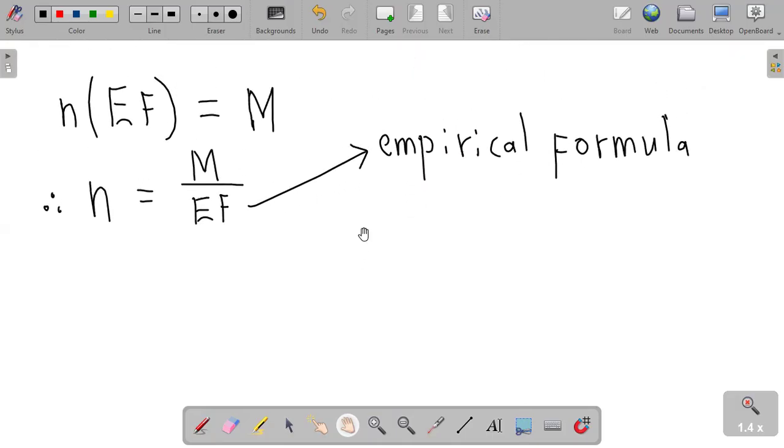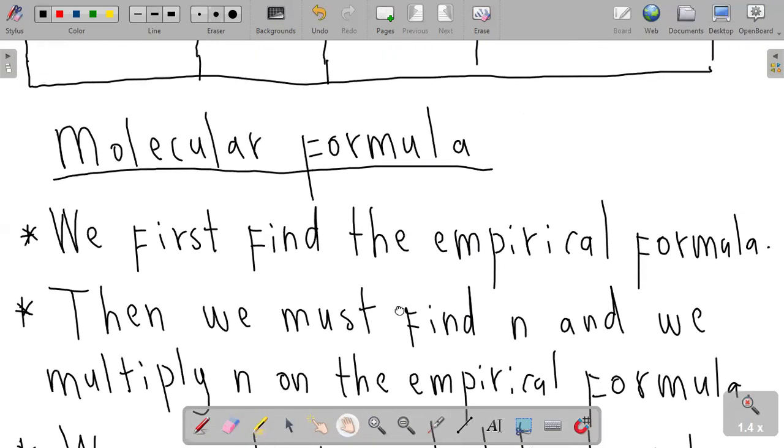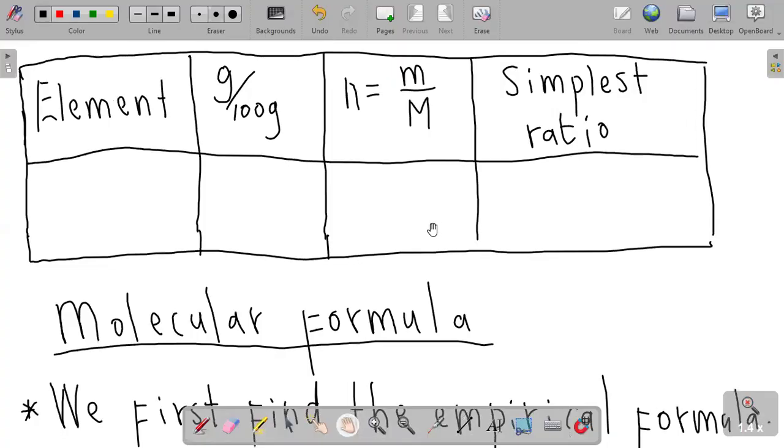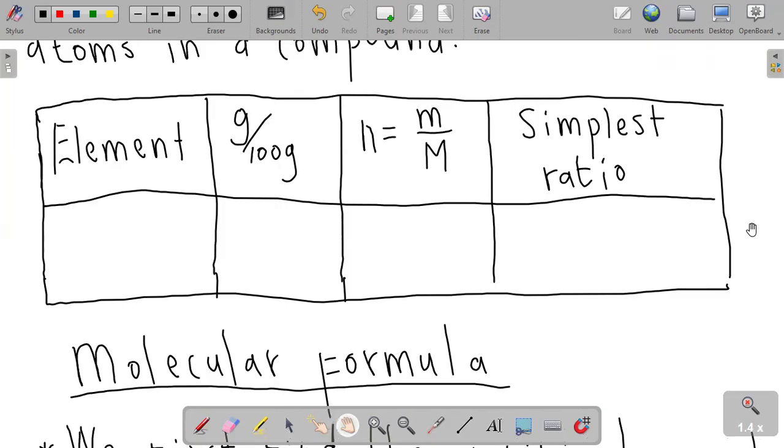And then the other important thing to notice about the table is that the simplest ratio can be inside the table or it can be outside the table. Sometimes the simplest ratio is inside the table here, sometimes it is outside the table.